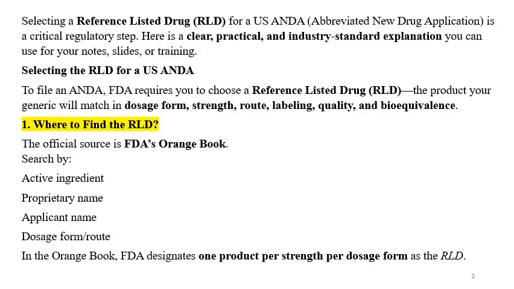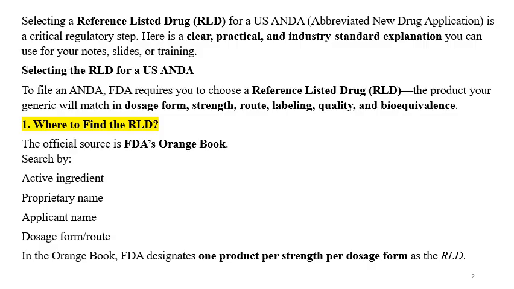Reference formulation for the US is called the reference listed drug, and the generic formulation is required to be same or should match the RLD in dosage form, strength, route of administration, labeling, quality, and the bioequivalence. So all the quality related, safety related, and efficacy related things should meet the RLD.